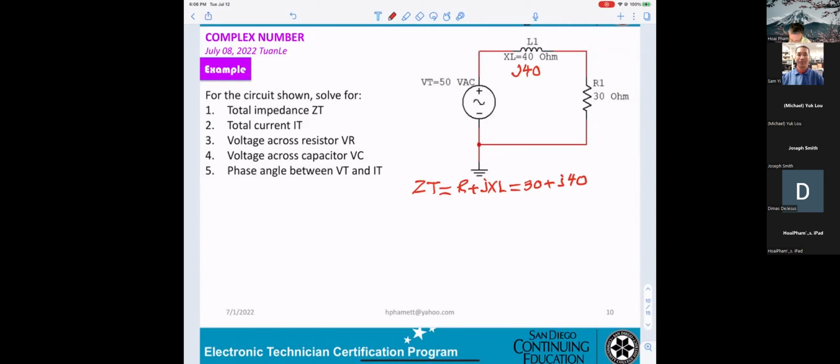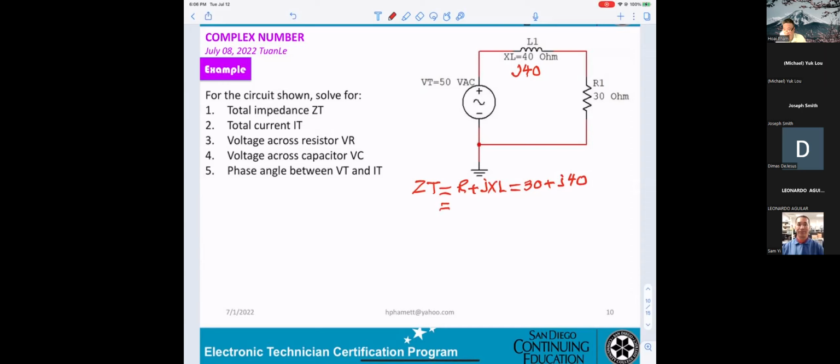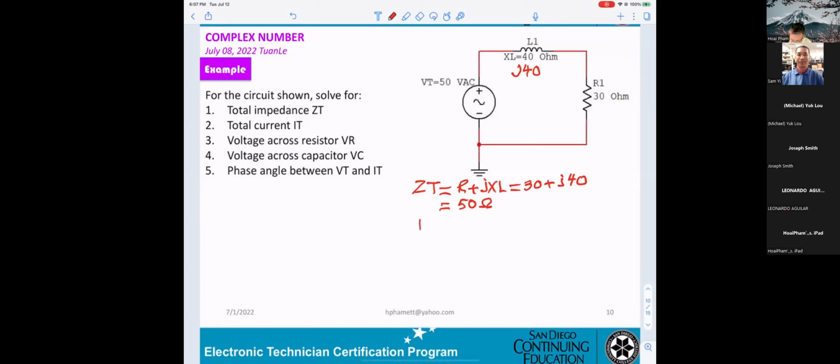You want the value, so go into calculate. Remember, square root of a squared plus b squared. What do you get? 50 ohm, all right? Okay, then you can calculate the I total.